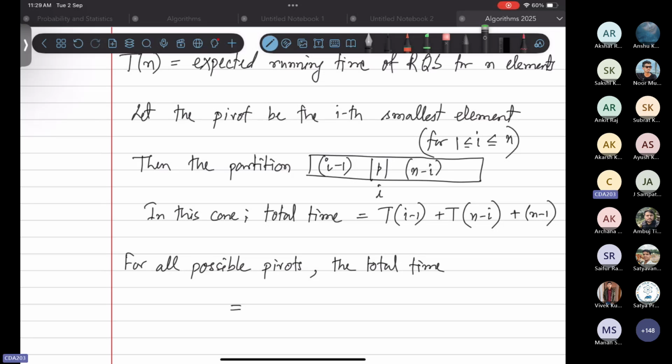I should be adding everything up. I should do this summation: I runs from 1 to n, T of I minus 1 plus T of n minus I plus n minus 1 here.